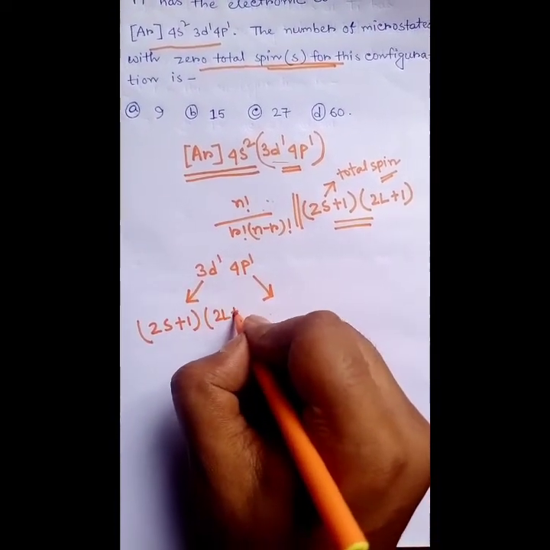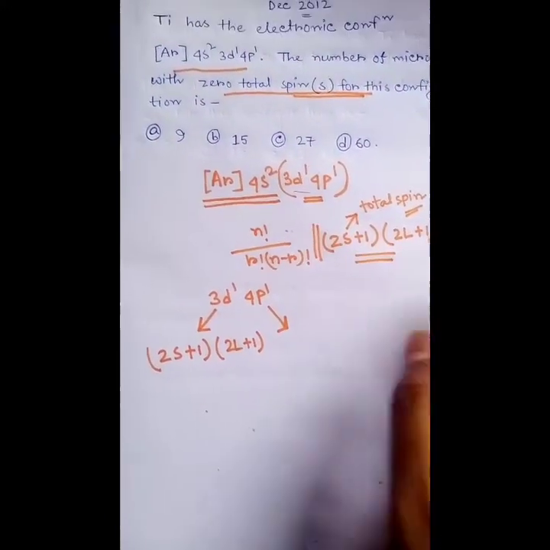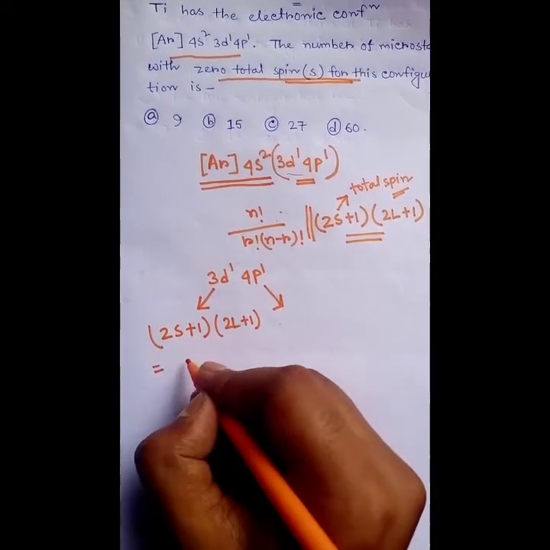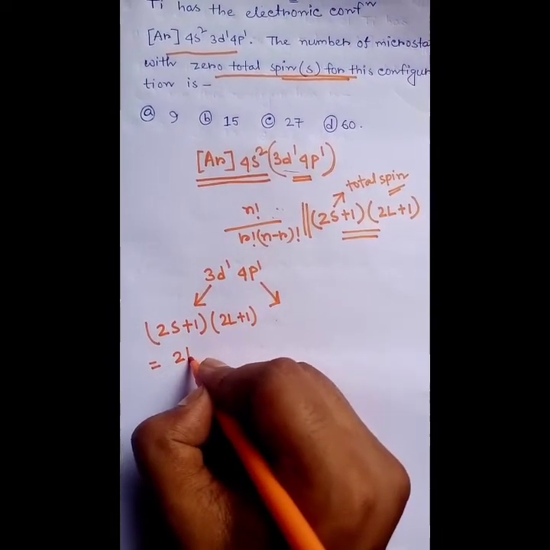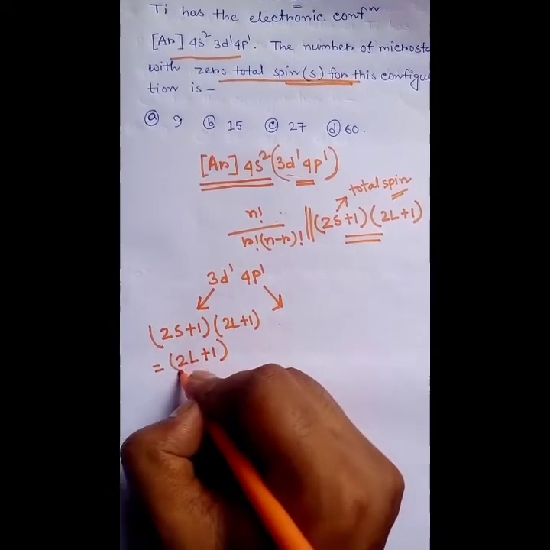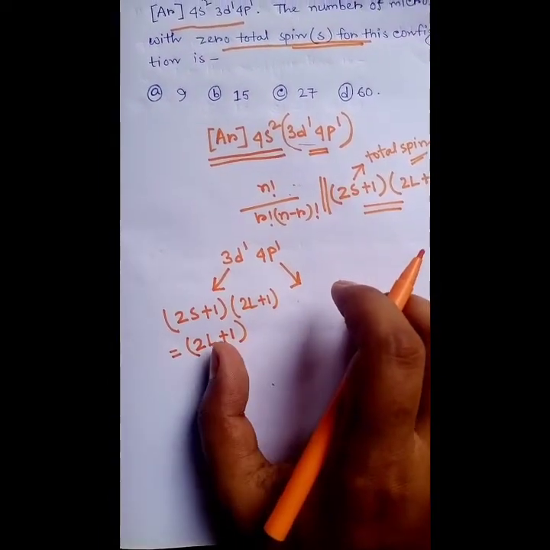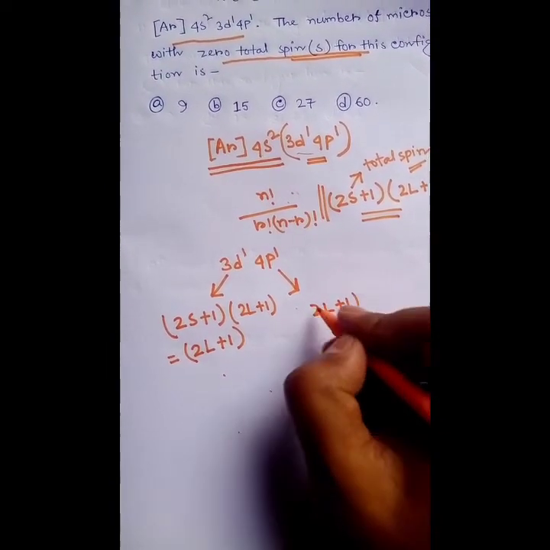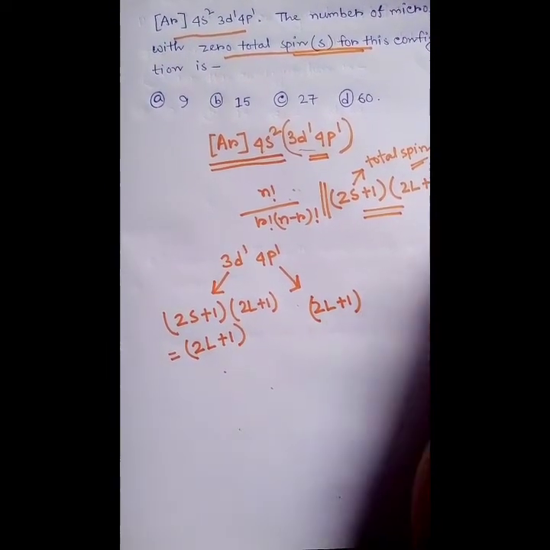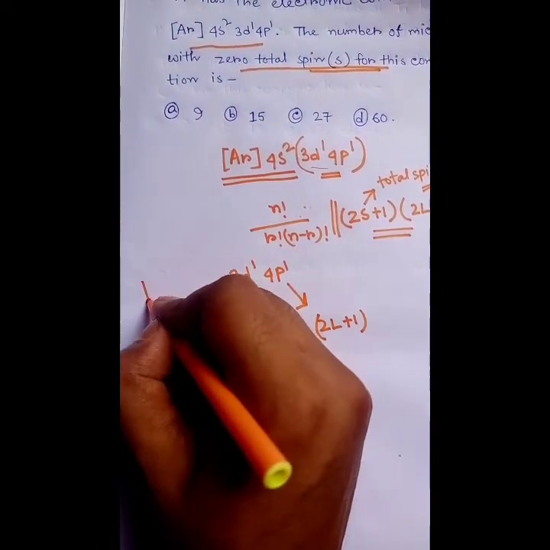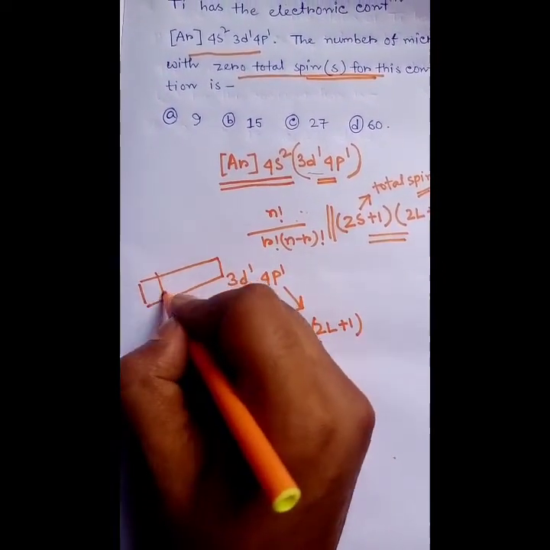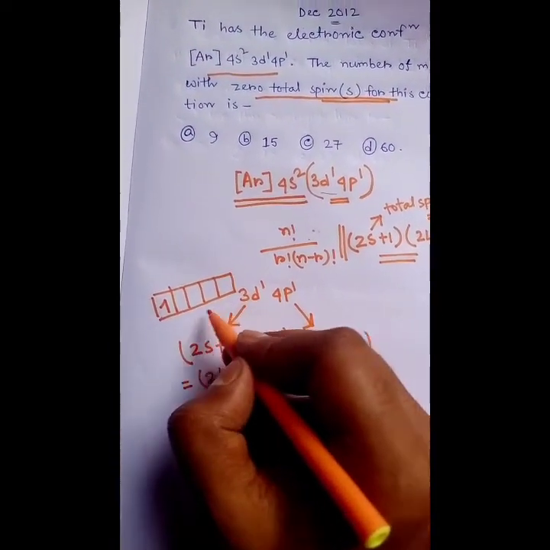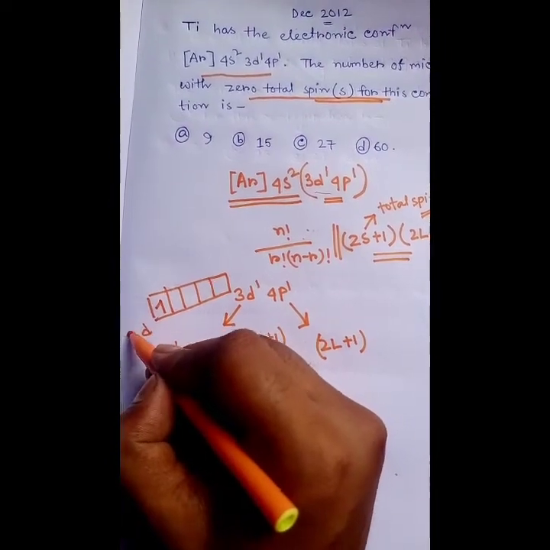So for the 3d1 case, if I write (2S+1)(2L+1), now here they have mentioned that total spin is 0. That means this S is 0. So as S is 0, it will be reduced to (2L+1). So we have to calculate (2L+1) for both 3d1 as well as 4p1. Now L is the total angular quantum number. To get that, you have to write the configuration. This is 3d, one electron is present.